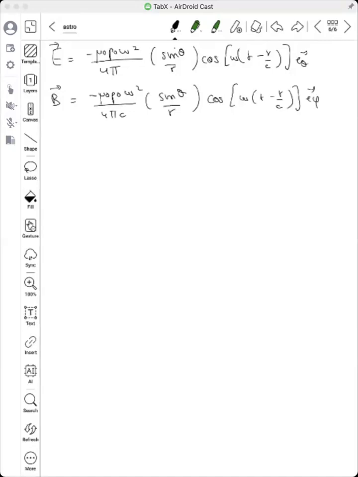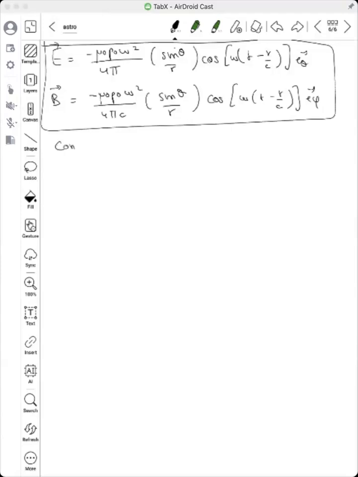So these are the two expressions we worked very hard to derive. And now I'm writing the physical conclusions of these expressions of E and B.